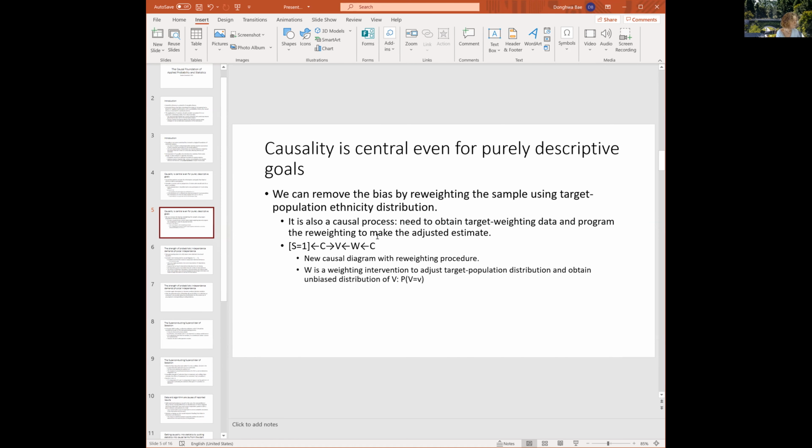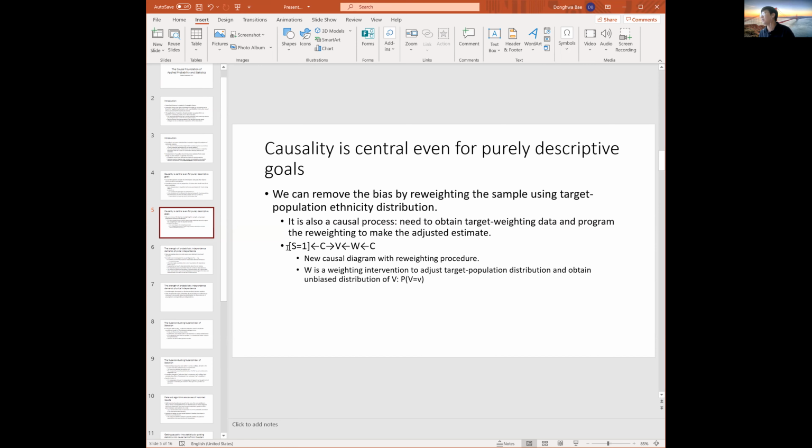I'm not sure I understand this procedure. So target weighting data, what is the process that they are using now? For example, in the sample, what I understand is that there are 7% rich persons and 30% poor people. However, in the population, we need another survey or another data generating process about the distribution of the characteristic in the population.